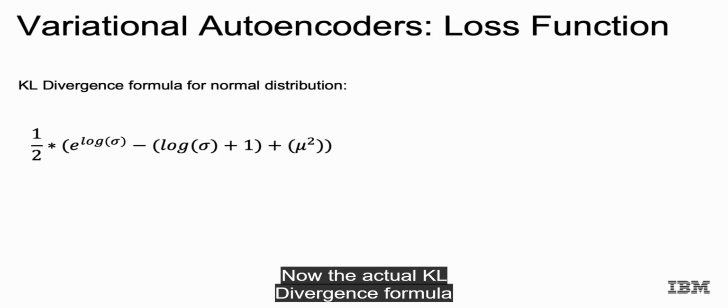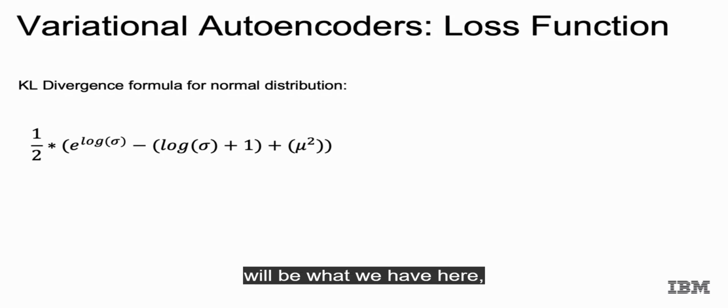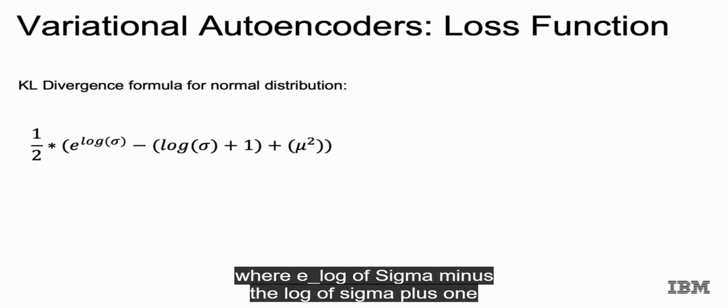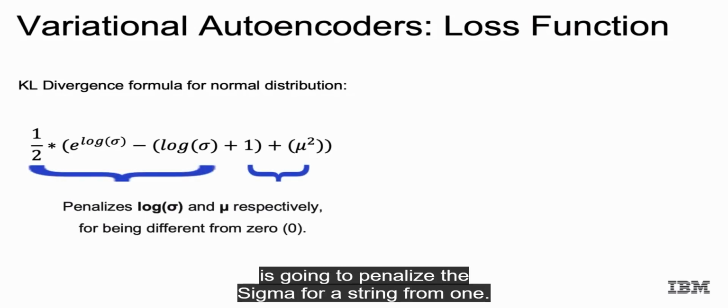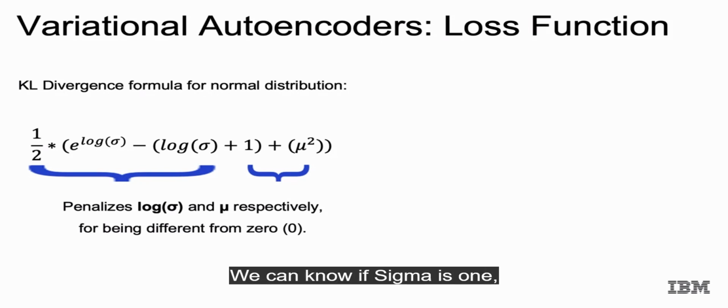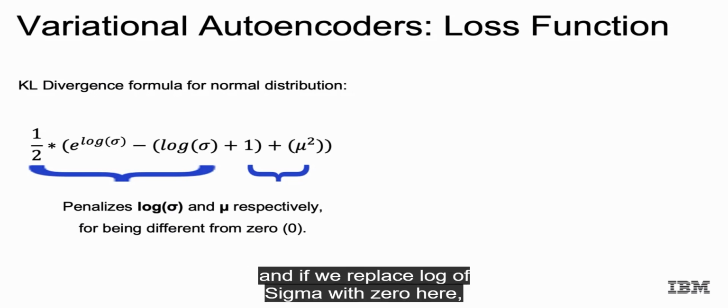Now, the actual KL divergence formula will be what we have here, where e to the log of sigma minus the log of sigma plus 1 is going to penalize the sigma for straying from 1. And we can note if sigma is 1, then log of sigma is 0. And if we replace log of sigma with 0 here, we would see that this comes out to 1 minus 1 and is thus minimized at sigma equal to 1.